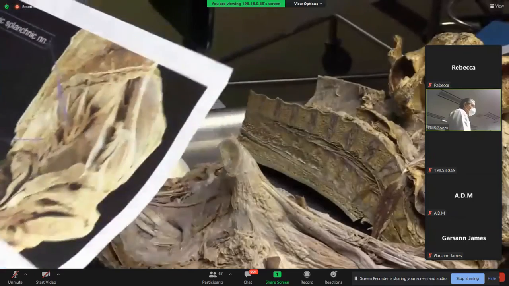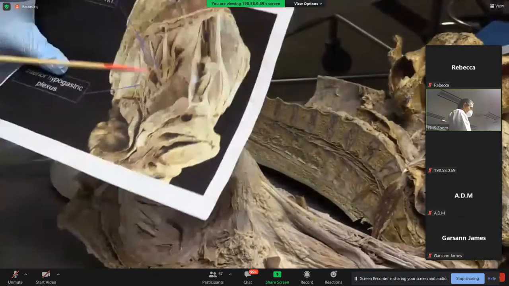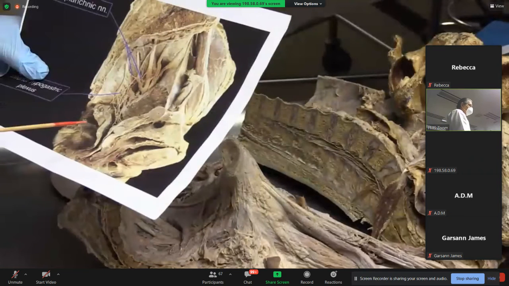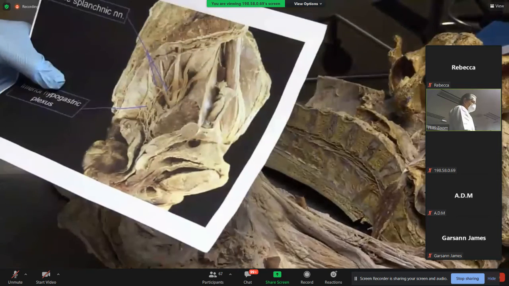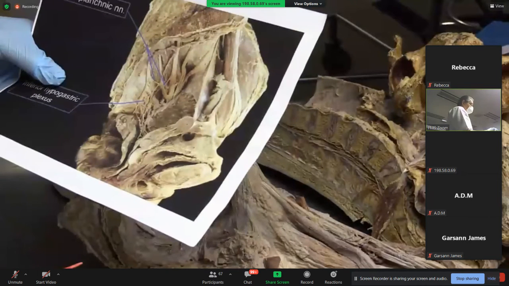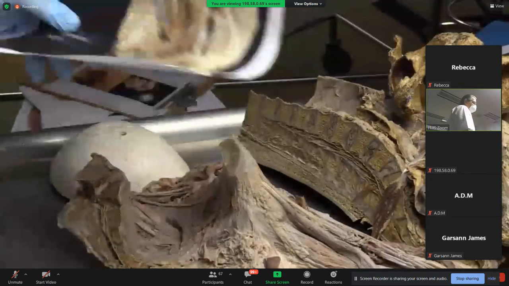It's going to help to control defecation, and as you get to GU, micturition, passing urine. It's going to help to control erection, ejaculation, parturition.